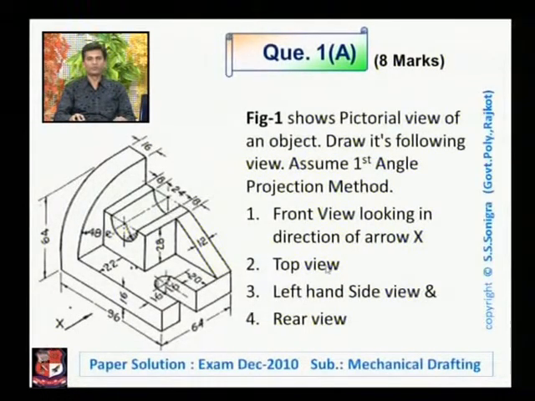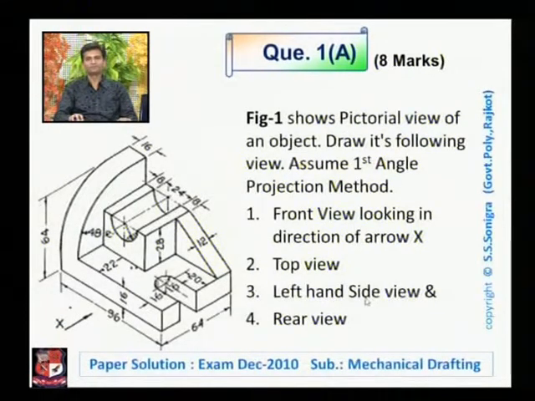Then in top view, what should be the height of this object? If you look from the top direction, its width would be 96 mm, which is similar to front view, and its height, this 64 mm, would be the height of top view. Then left hand side view.